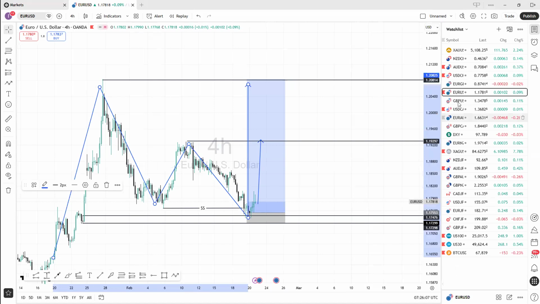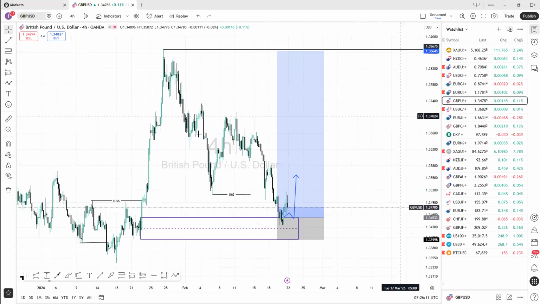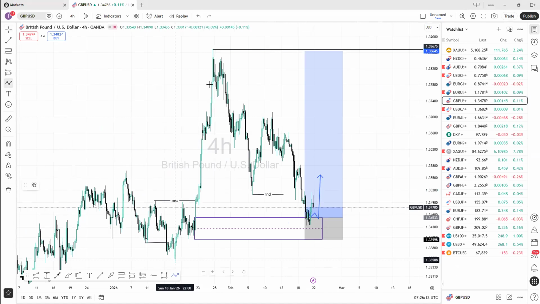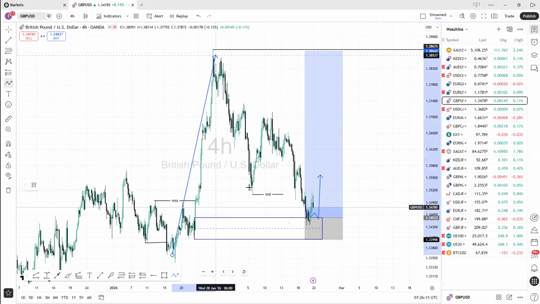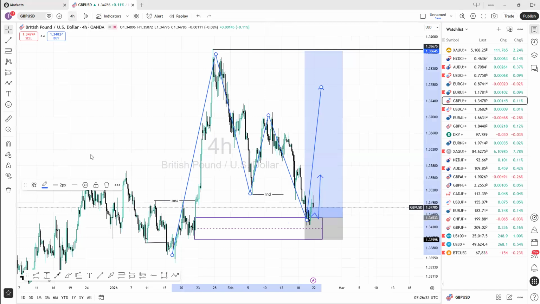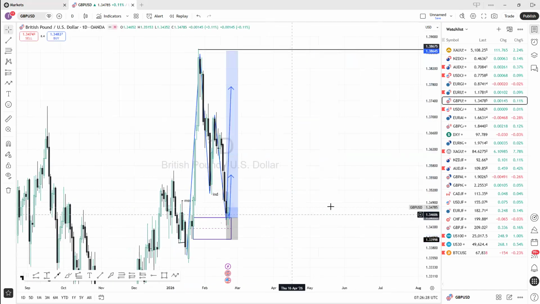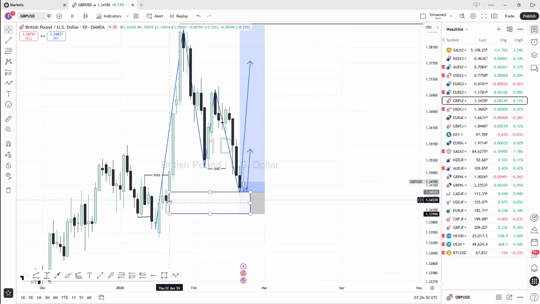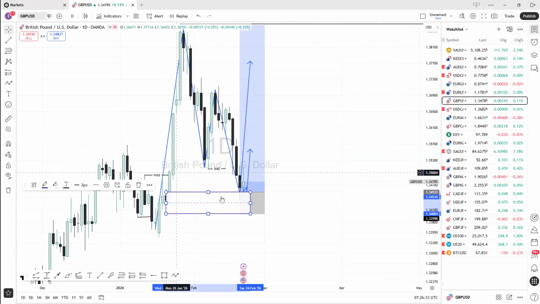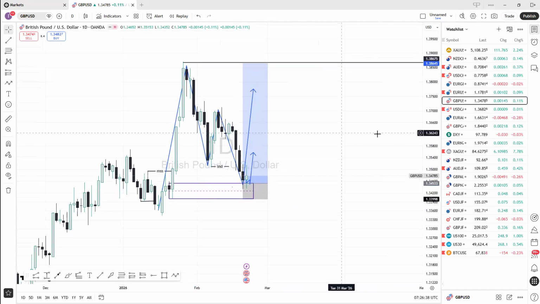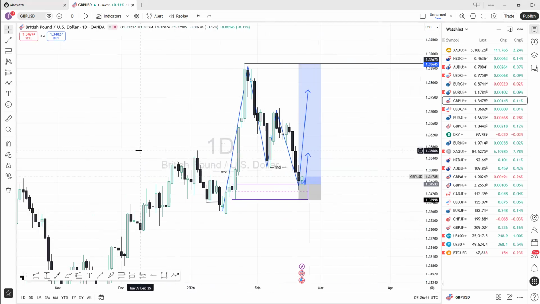GU is the same as EU. On GBP/USD price created an impulsive move, first pullback inducement, sweep of inducement, reacted on that 4-hour order block, we hold the buy. And GBP/USD reacted on the daily order block. You can see on the daily time frame there is that order block. So that is a very strong zone to find a buy on GBP/USD. So that is it for next week.